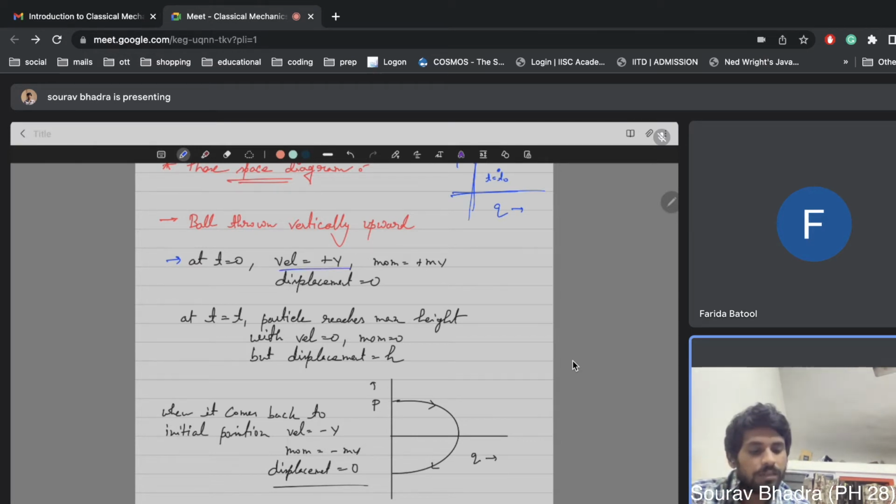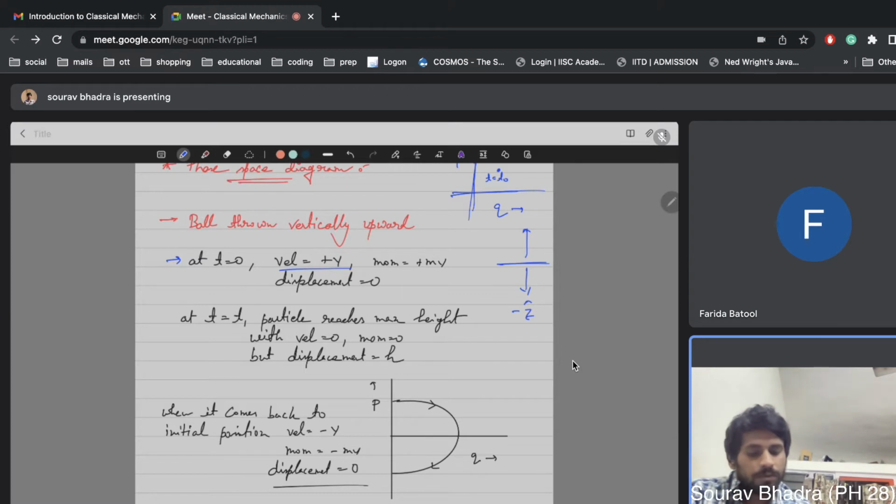Because I have considered the minus z direction on the negative side and plus z direction on the opposite side. So if it is directed along the gravitational force direction, it is minus z cap. That's why I have taken it plus v. You can also write plus v z. I was just focusing on the value, although it is a vector.